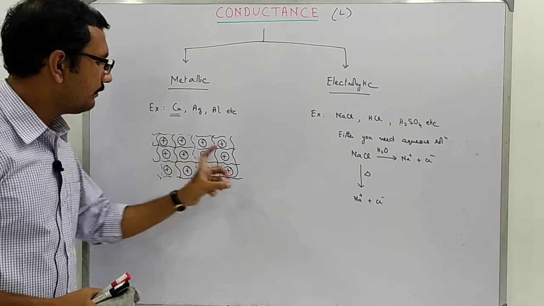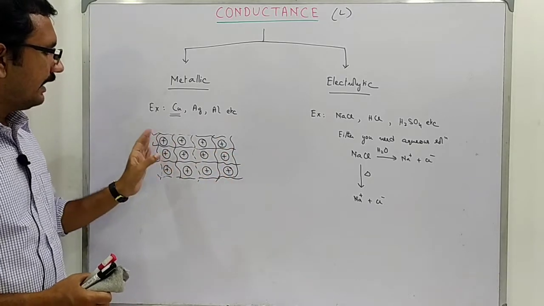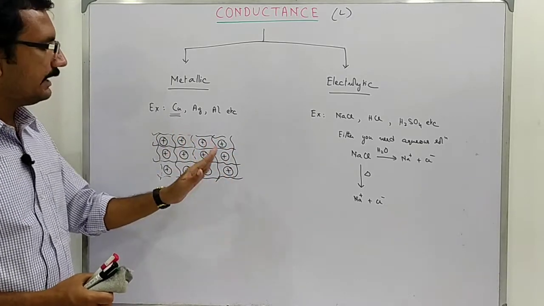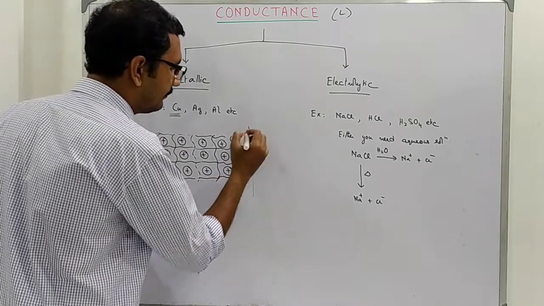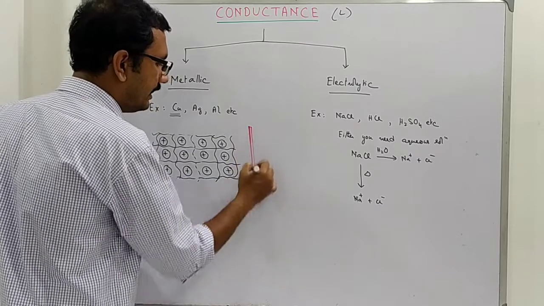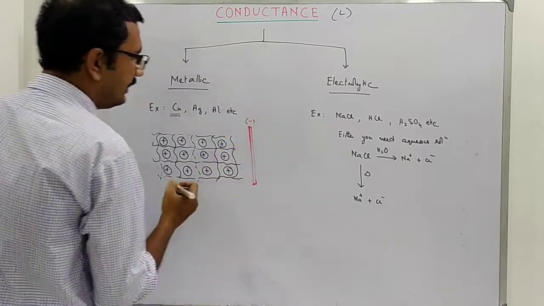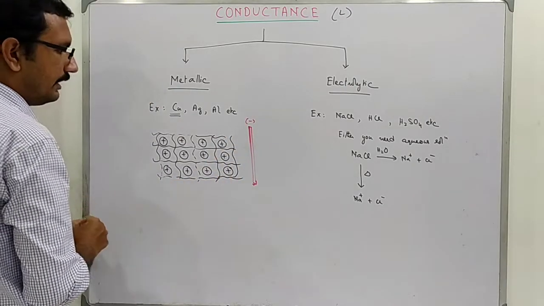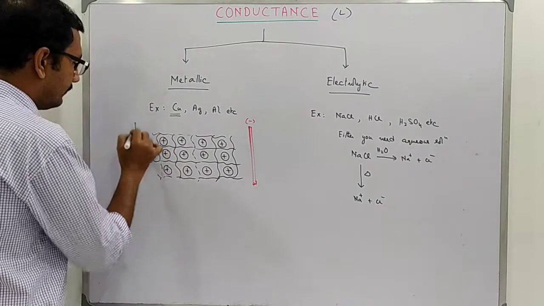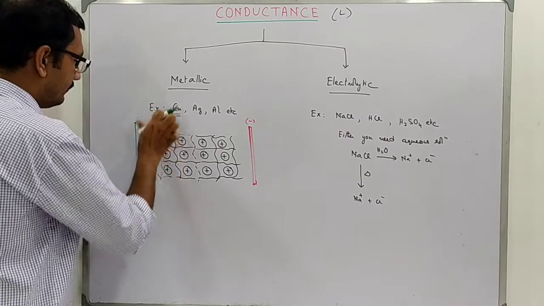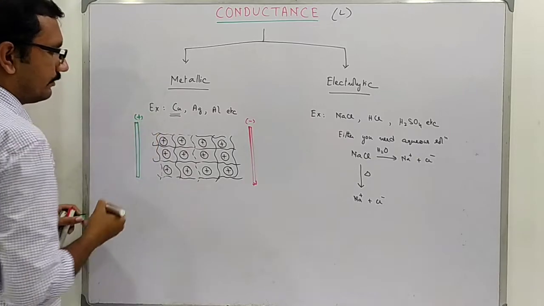So, we have a sea of electrons, a wave, a cloud having negative charge. Now, when we apply voltage here, a potential difference, say here we take a negatively charged electrode, and here we take a positively charged electrode.